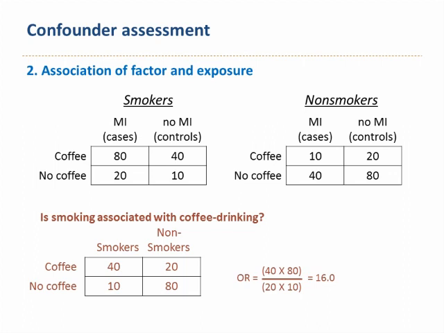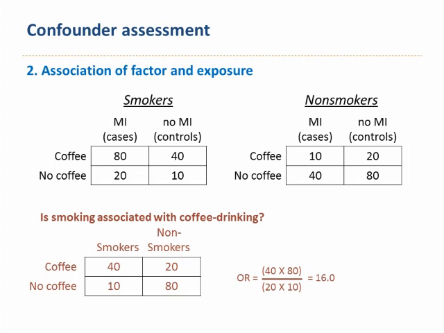Now we want to determine, is there an association between the factor of interest and our exposure? So is there a relationship between smoking, our potential confounder, and our exposure, coffee drinking?